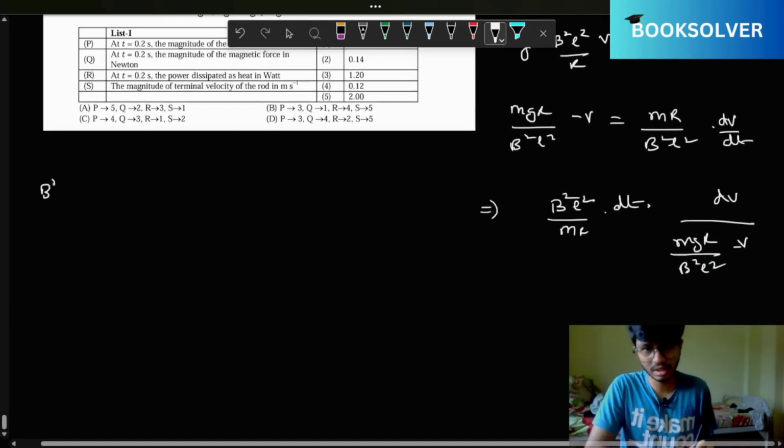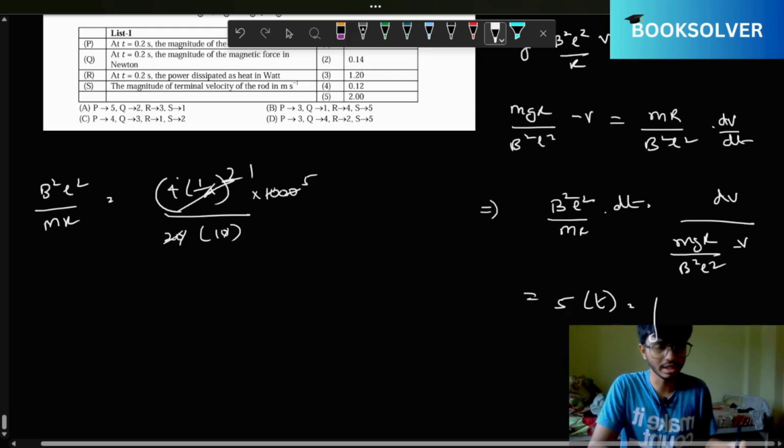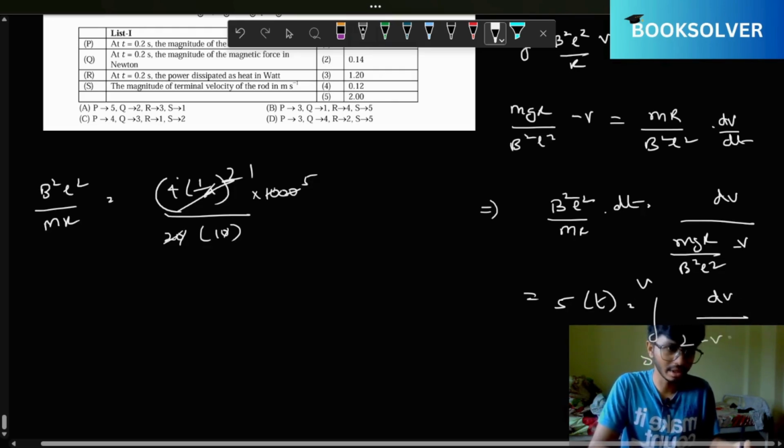Now B square L square upon mR: B is 4 and L is 1 by 4, whole square, m is 20 grams so divided by 1000, and resistance is 10. So this whole thing is equal to 5. So we have 5 into t equals the integral from 0 to v of dv by (2 minus v).